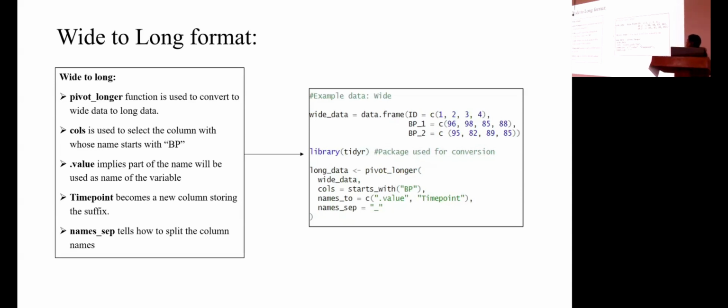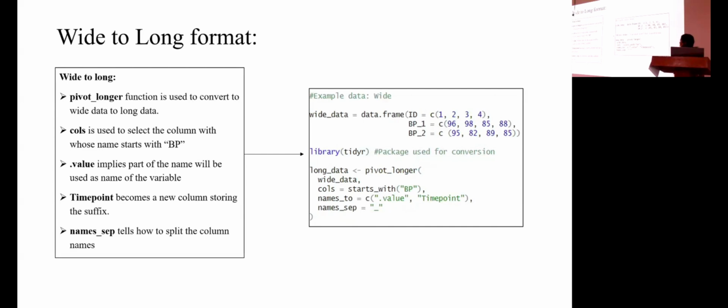That variable, here BP; in some cases it could be any other measurement. Inside pivot_longer, starts_with takes the variable we are given: BP. Suppose it is systolic BP, then we will provide SYS. Whatever name tag you are giving, use that name tag here.